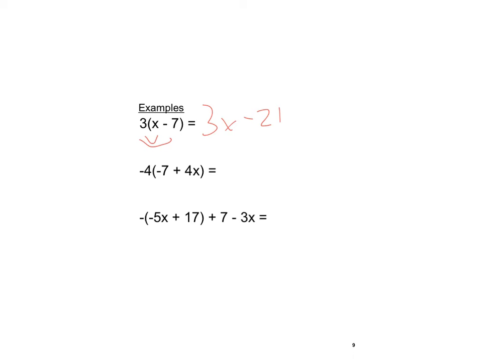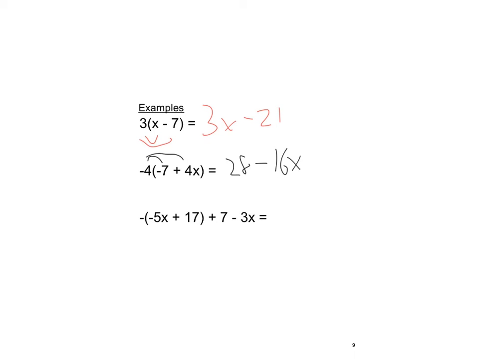Second one here, we've got the negative 4 times a negative 7, so a negative times a negative is a positive, so that's 28. Okay, and then we've got a negative times a positive, so that's going to stay negative then. And again, 4 times 4 is 16. The negative makes it negative 16, and then we have the x. So that would be minus 16x on that one.